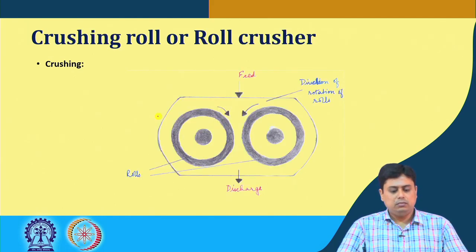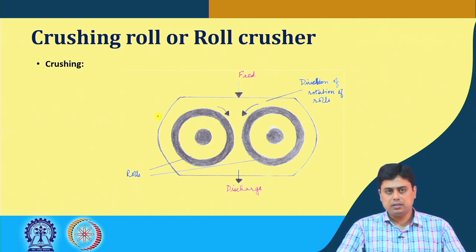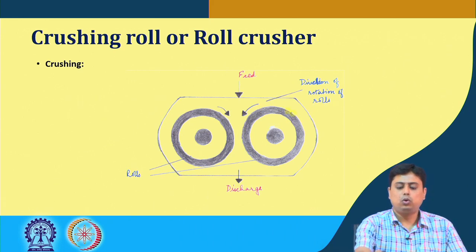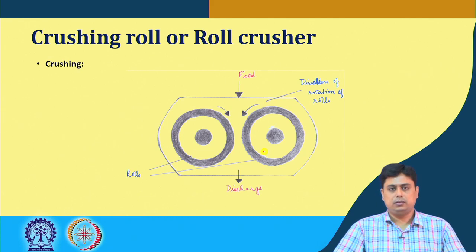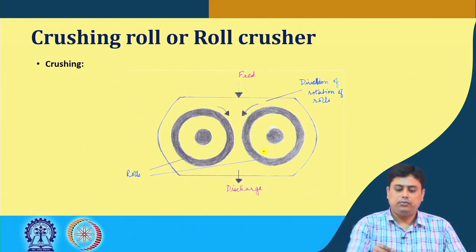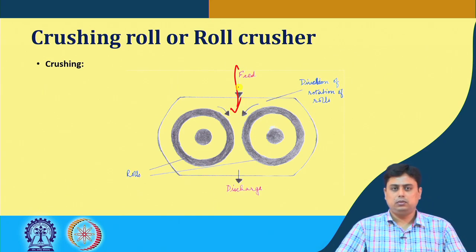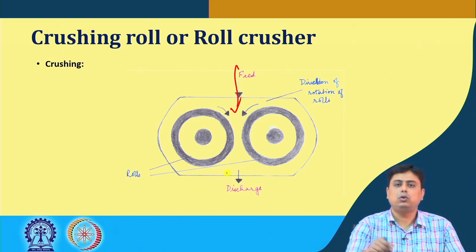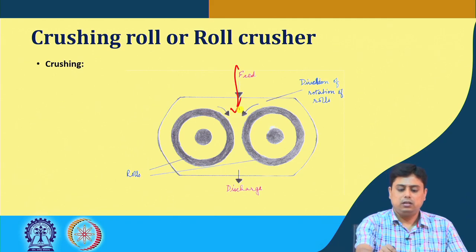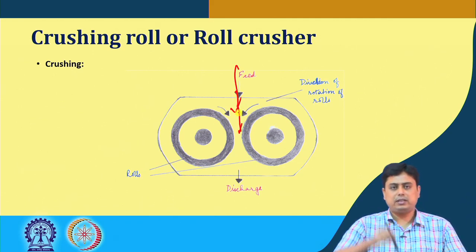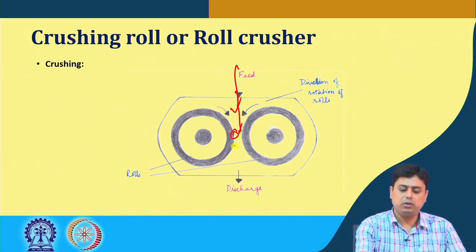The other mechanism, with just crushing, we can say, is the crushing roll or the roll crusher, which is very popular. Here there are two rolls that move in opposite directions. Feed comes in from the top, and due to this opposite motion of both the rolls side by side, it takes the solids and attracts them towards this gap where they are crushed between the two surfaces.